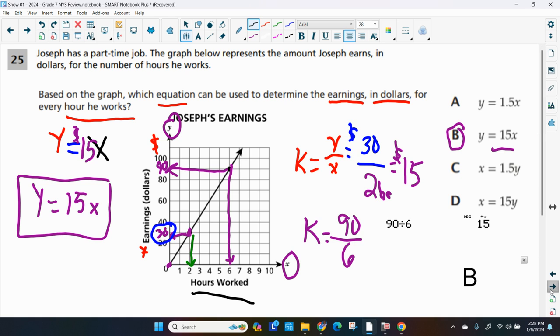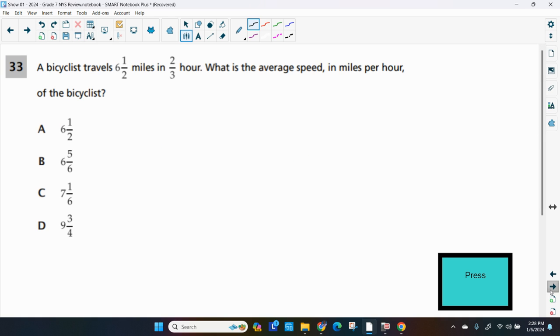All right, Dr. Rob, keep going. A bicyclist travels 6.5 miles in 2/3 hour. What's the average speed in miles per hour of the bicyclist? Now, what I like about this question is it starts from average speed.